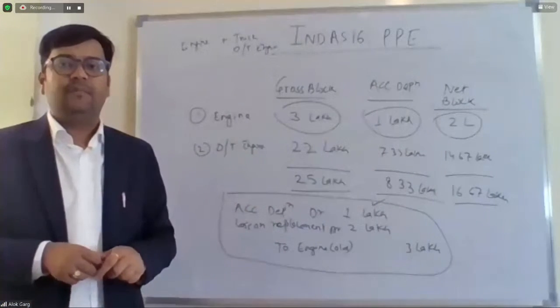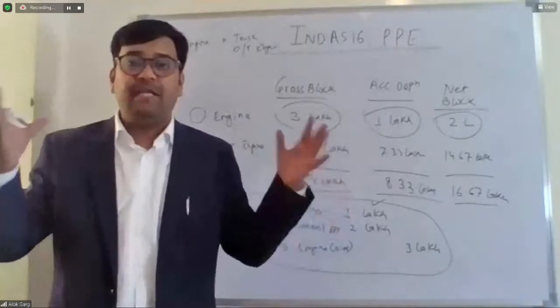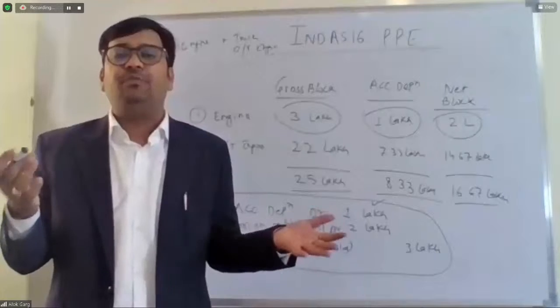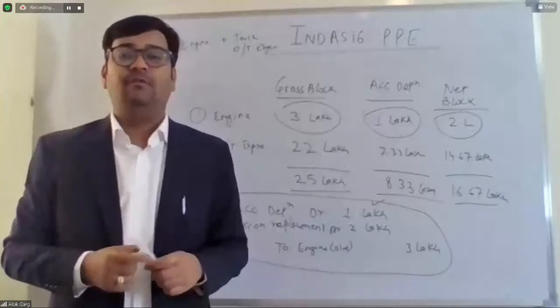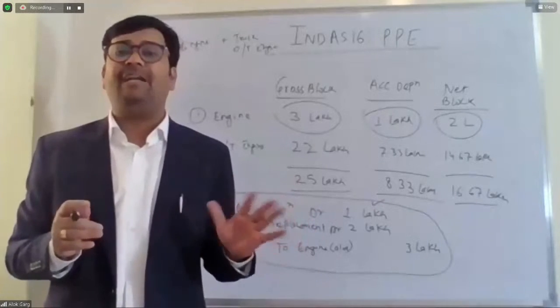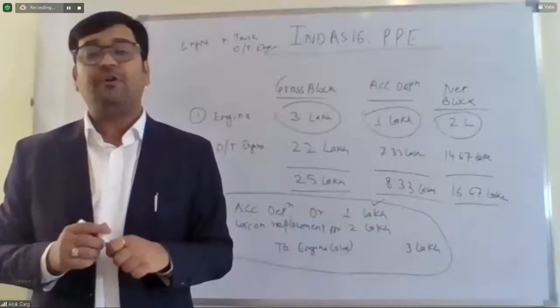Okay, understood, sir? But there is a big engine, so probably it could be sold as scrap value. For example, the company will get 50,000 rupees by selling it as scrap. Then what will happen?